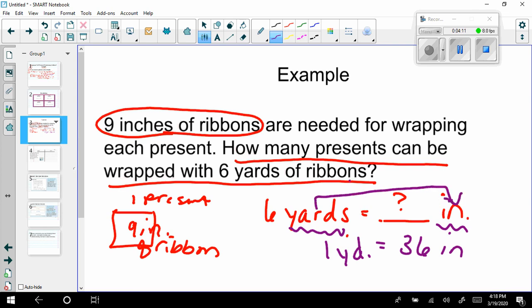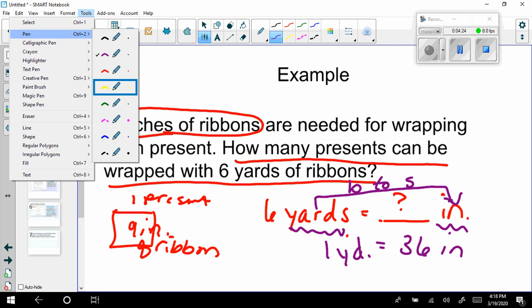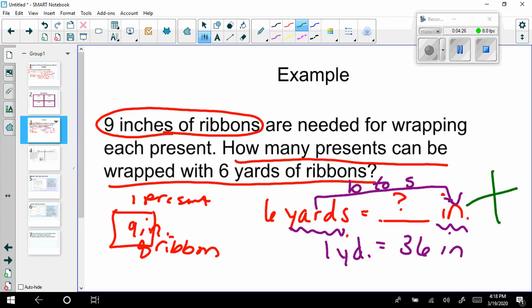And we know a yard is bigger, so we're going bigger to smaller. And if we remember, third step is bigger to smaller. So we know that we are going to need to multiply.